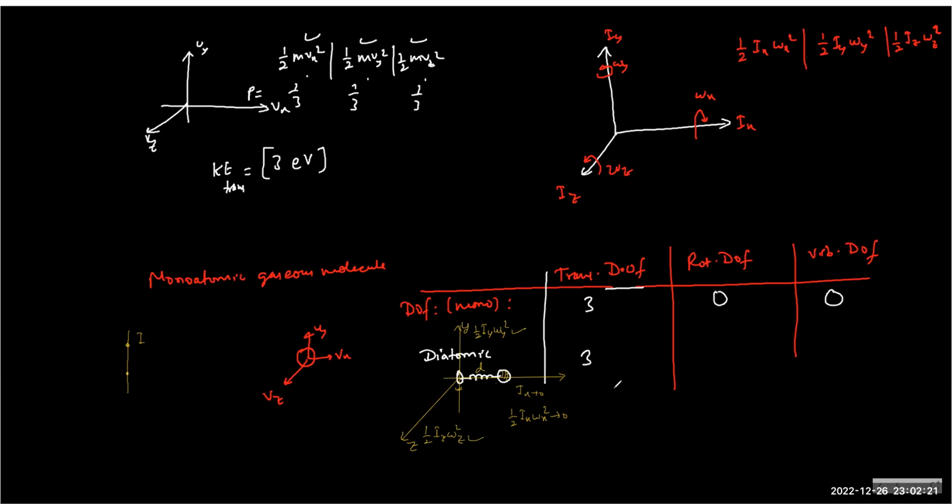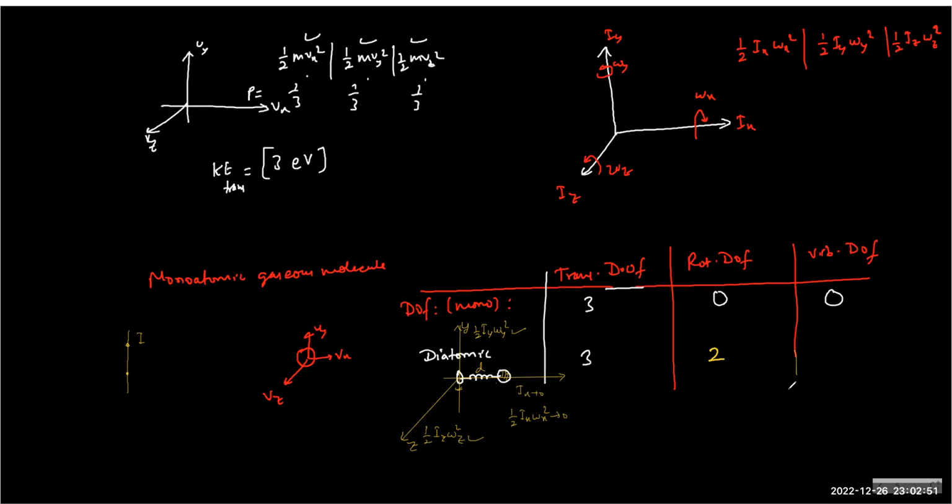So what you can see clearly is that translation is 3 for any molecule. Doesn't matter whether it's mono, di, tri, tetra, penta, whatever. But rotational depends on shape. So for the linear shape, what is the rotational degree of freedom? Is it 3 or 2? It is only 2, right?